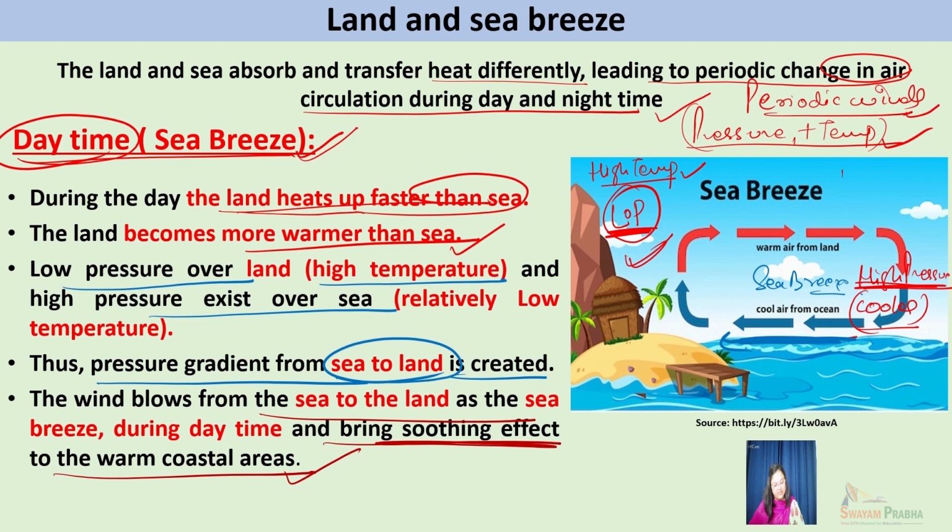So in the coastal areas during the daytime, if you move close to the sea, you can actually feel the cool air coming from the sea as compared to the warm winds which are blowing over the land area. So you have daytime sea breeze.